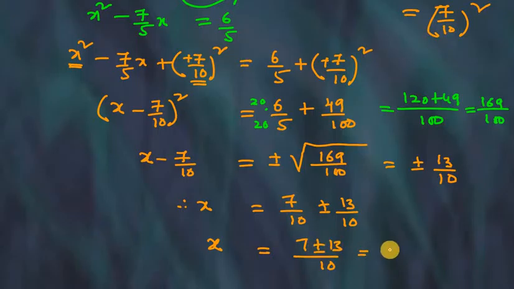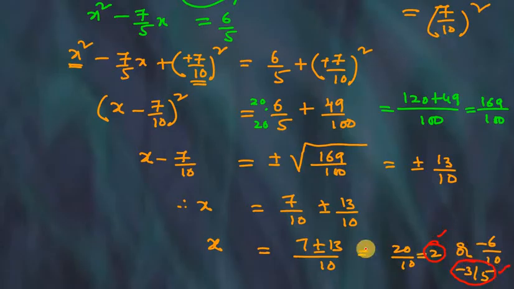If I take plus 13, that is 20 by 10, that is equal to 2, or if I take minus, 7 minus 13, you will get minus 6 by 10. So the simplification will be minus 3 by 5. So these are the two roots, 2 and minus 3 by 5.